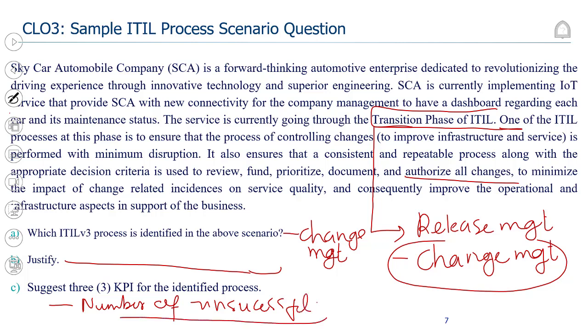This is also important because, apart from the successful ones, you also need to look at the unsuccessful ones, because they will tell you whether you are actually doing changes correctly. So you put the number of successful changes, but the number of unsuccessful changes is equally important. And we always monitor that. We always check how many of the changes we did, okay?